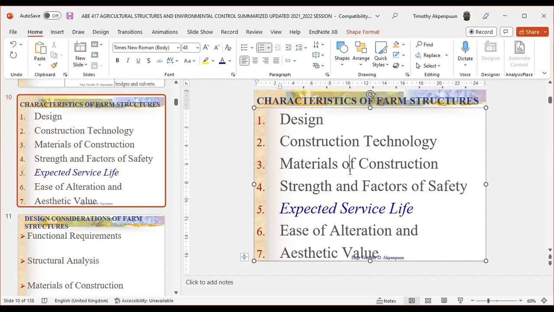And they will now say, okay, I'm paying back in 10 years. That means whatever structure, whatever design, whatever material of construction, and the strength and factors of safety taken into consideration must be such that the greenhouse structure or whatever structure they are designing will last for 20 years for the investor to be able to recover his investment, return on investment, and then get back his investment with profit.